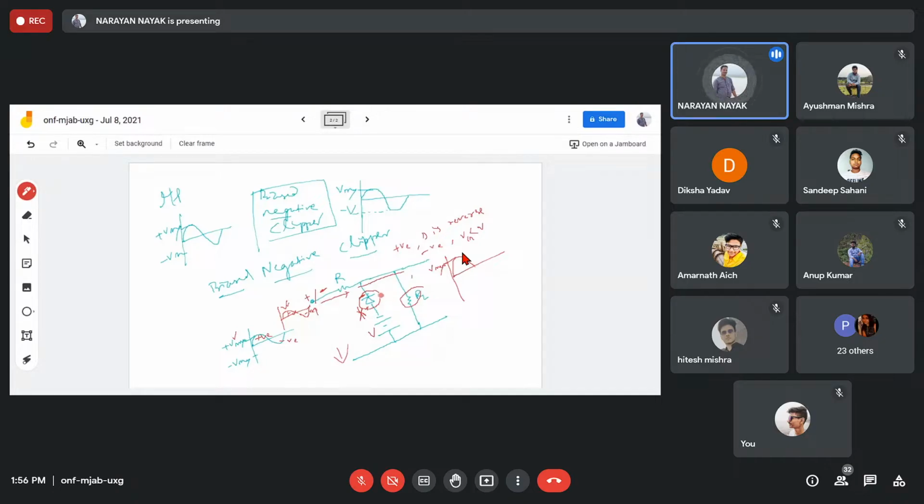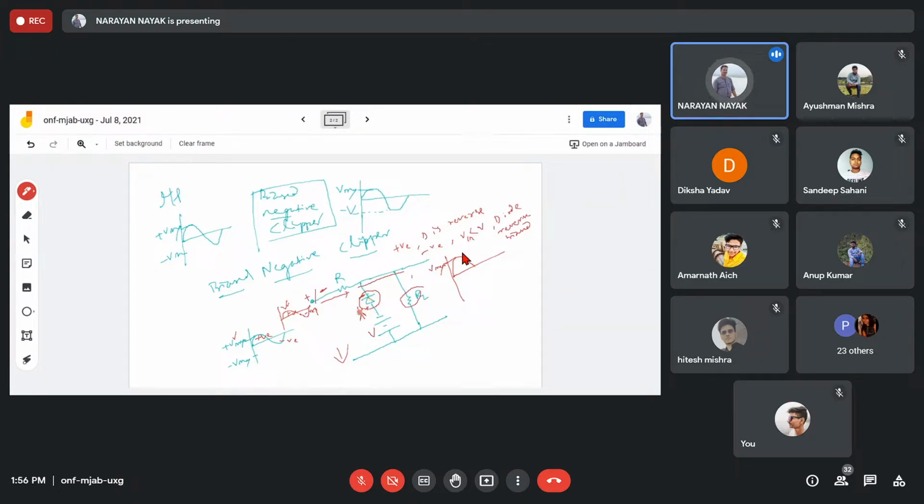At that time, what will happen? The diode remains in the reverse bias condition. Why is the diode in reverse bias? Because your input voltage is less than the battery voltage. So what will happen once it is reverse biased?